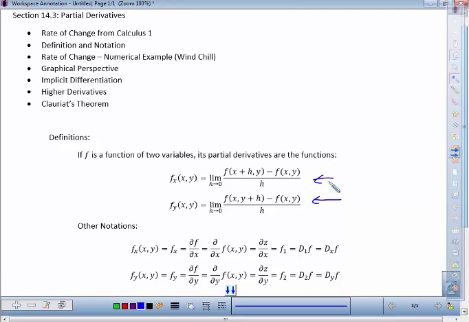So we'll take a look at some numerical examples, and we'll take a look at a way to use level curves to estimate derivatives from a graphical perspective. I'll do a quick implicit differentiation and take a look at second and third derivatives for these things as well.